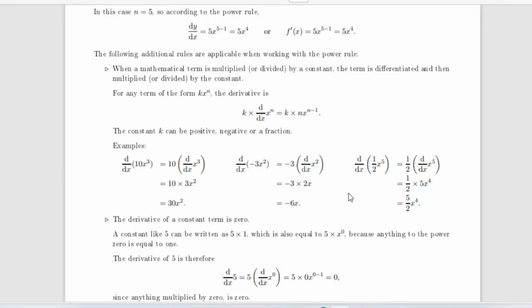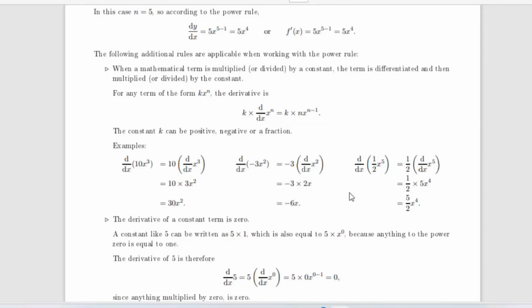Sorry, sir, just a question. Yes. So if we say you bring the 5 in front of the x, and then you have 5x to the 4, are you subtracting the 1 from that exponent?